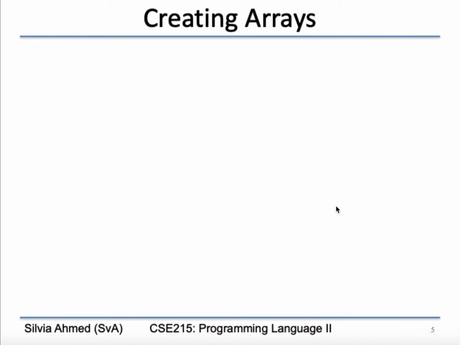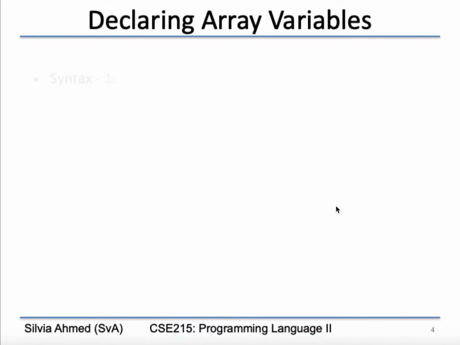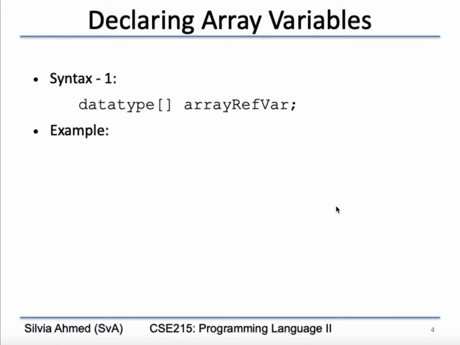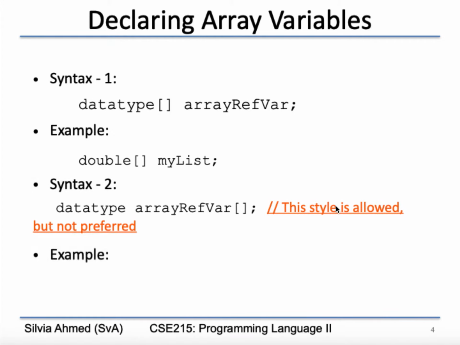We'll see how we actually create the array. When we declare an array, we are simply allocating a memory location to hold the address of the array. The actual array was not created. So how do we create the actual array?